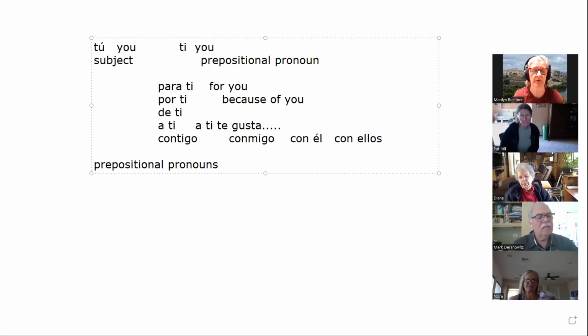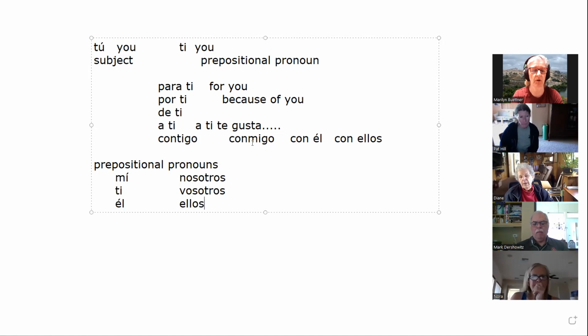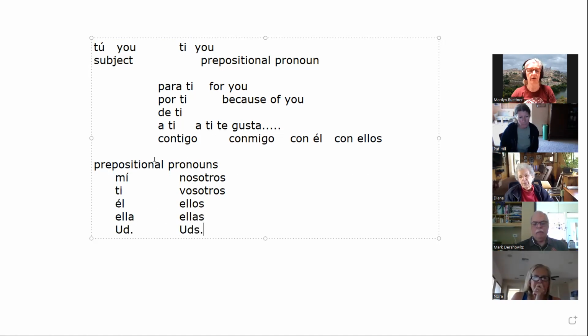They're going to be these words: me, same old word, same old word, same old word. Here are the only two that change as prepositional pronouns, me and ti, me and ti.